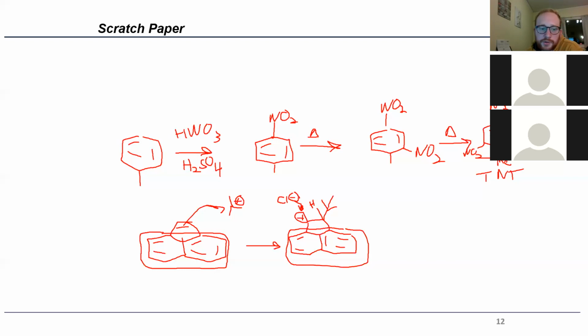Okay, if there are no more questions, then how do we know when a ring goes through a benzyne intermediate or a Meisenheimer intermediate in the presence of a nucleophile? Yeah, that's not always an easy thing to know.